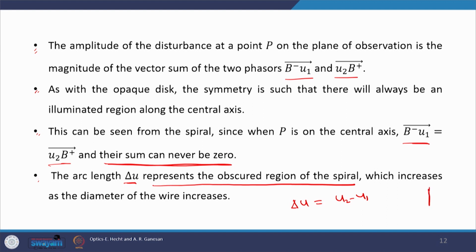If the wire is thin, then in the Cornu spiral these points are very close, but for a thick wire on the Cornu spiral these points would be very far. And therefore, it directly corresponds to the obscured region of the spiral. With this, let us move to a new topic, which is the Babinet principle.